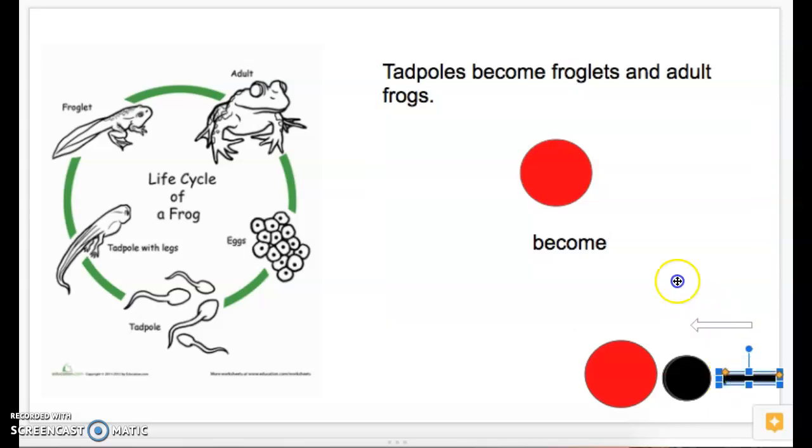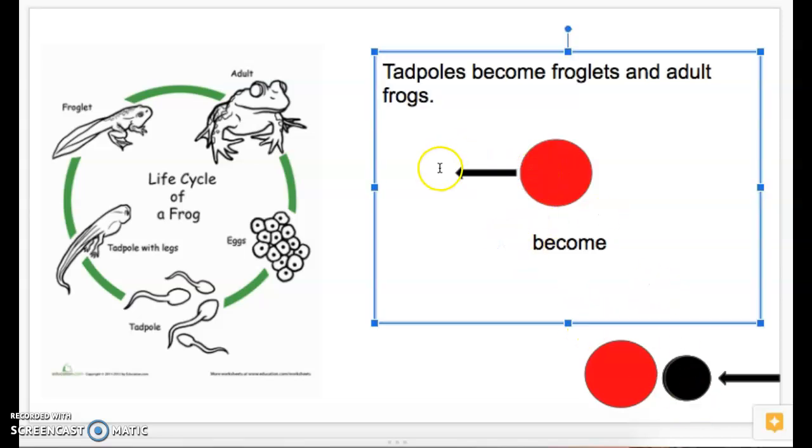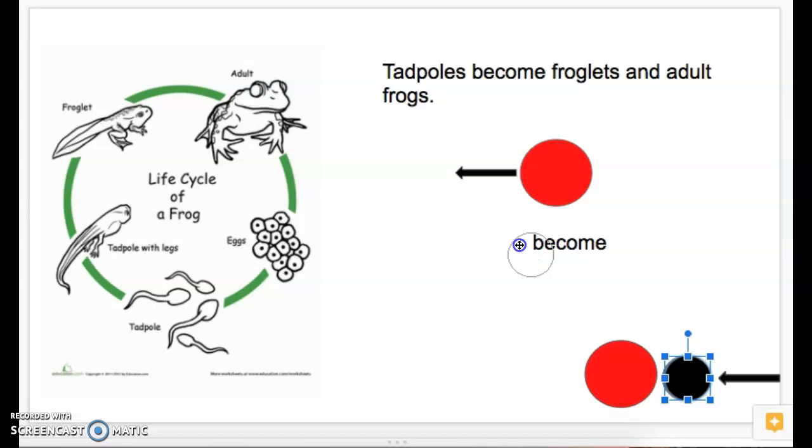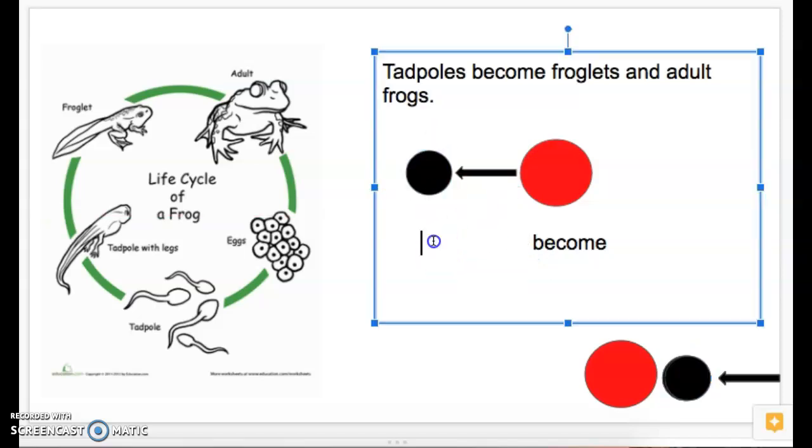Who is it that will become something? Tadpoles. So just like our sun giving off its rays of energy, so does our verb give off rays to our noun and the other parts of our sentence. And so here, the arrow pointing towards that noun for our tadpoles.